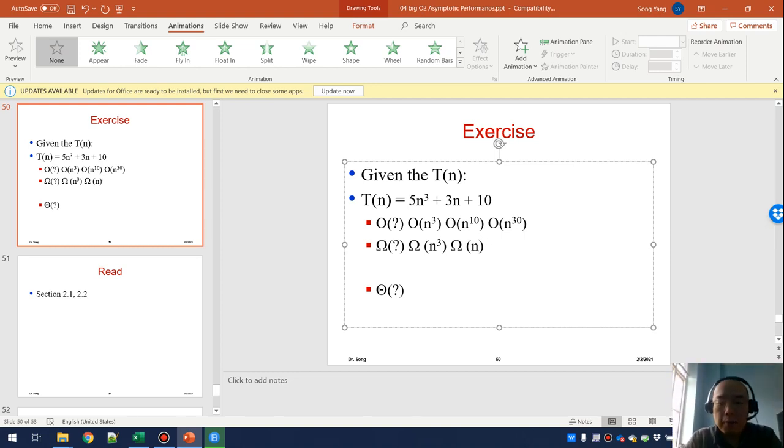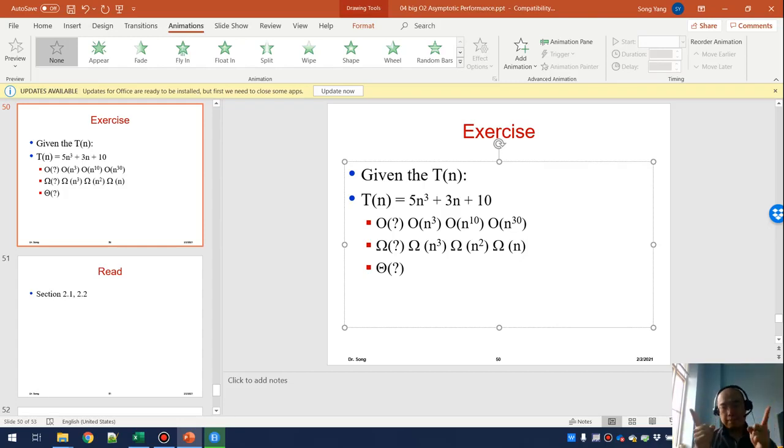How about n squared? Is that okay? Yes, because if n cubed is a lower bound, then going even lower, n squared, is fine. And how about we go even lower, omega of n? Is that okay? Yes, that's still okay because we are going even lower, even slower.